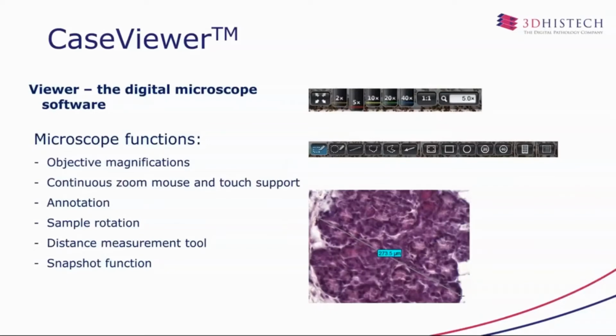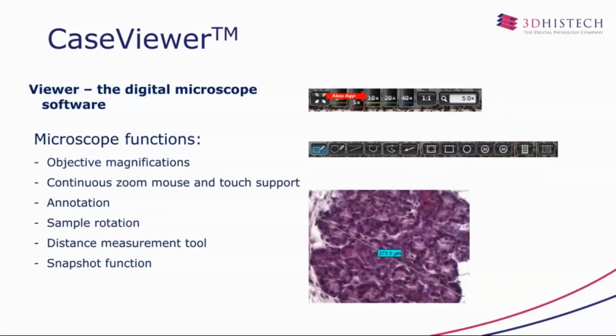Our CaseViewer software is basically a digital microscope software. It has all the controls which are needed for a traditional microscopy evaluation. The magnification can be set by buttons which have the shape of a microscope objective.